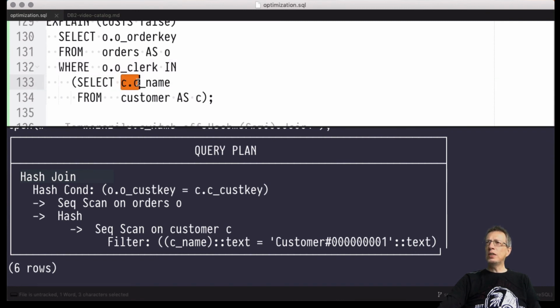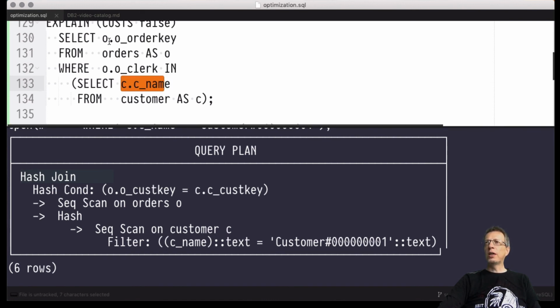So there might indeed be duplicate c_name entries here. That's no problem for the IN keyword: as long as we find any match among the c_names, this particular row o will qualify and it will be present in the result. If there are multiple name matches, o will still only be present in the result once.